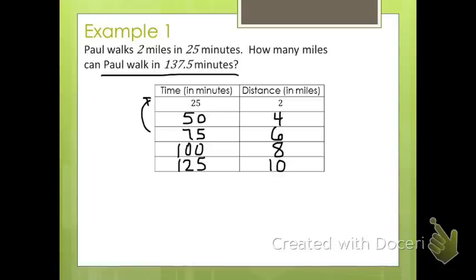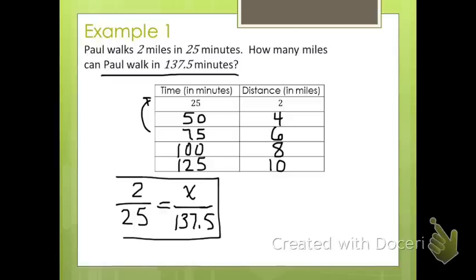So I could say if he goes 2 miles in 25 minutes, then he can go some number, we'll call it x miles, in 137.5 minutes. What I'm left to do is to solve this equation for x.